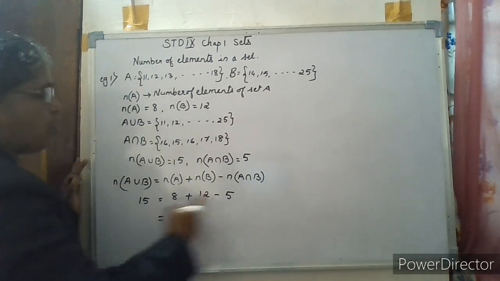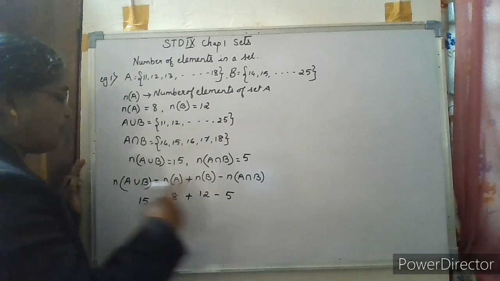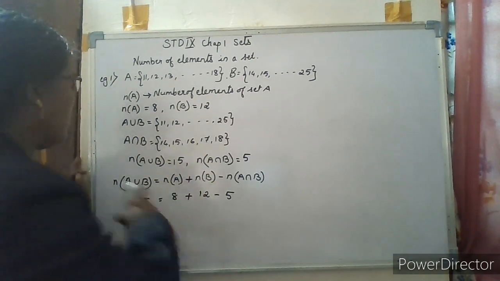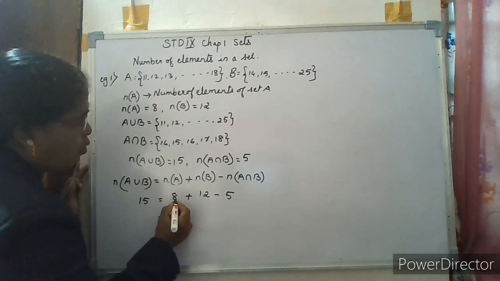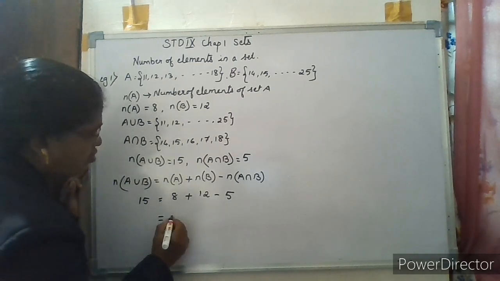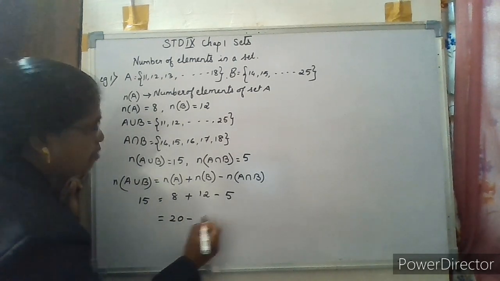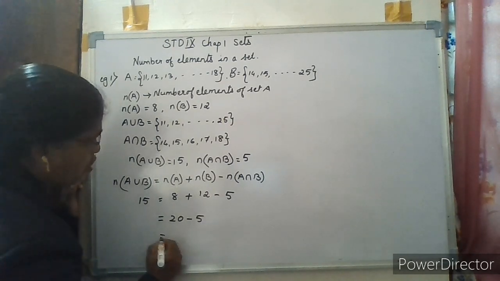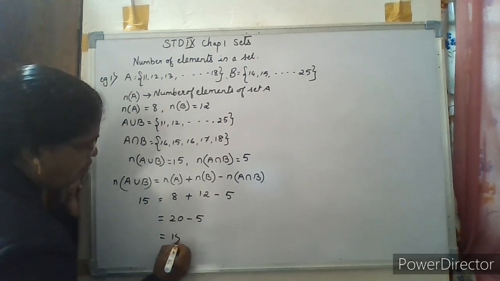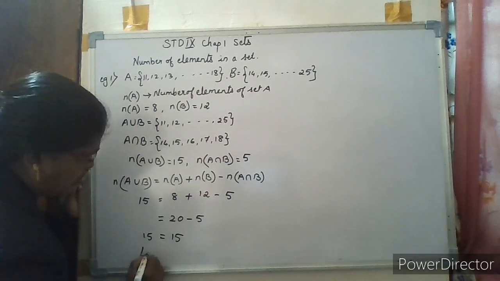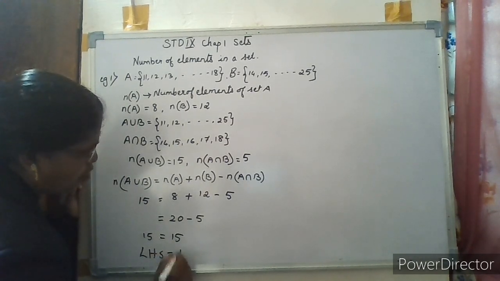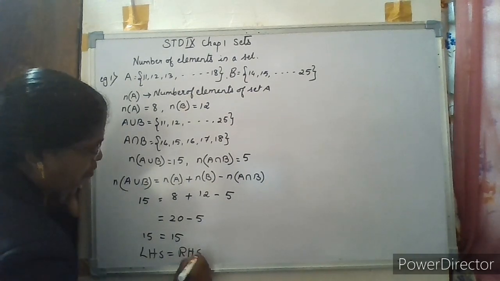Now solve the right hand side. If the left hand side is equal to the right hand side, then we can say that this formula is verified. So 8 plus 12 is 20. 20 minus 5 is 15. So we have got 15 is equal to 15. That means left hand side is equal to right hand side.